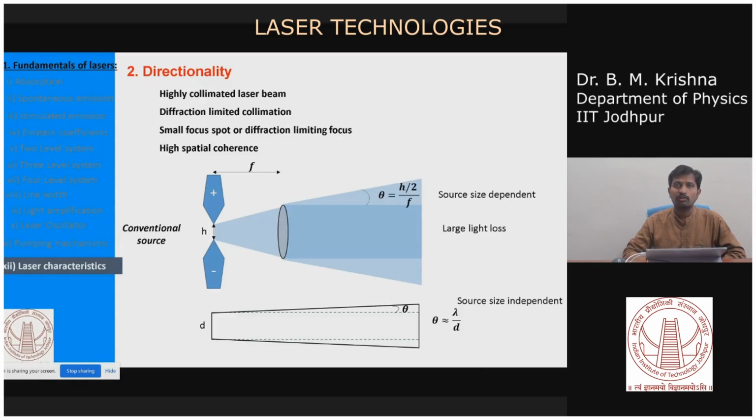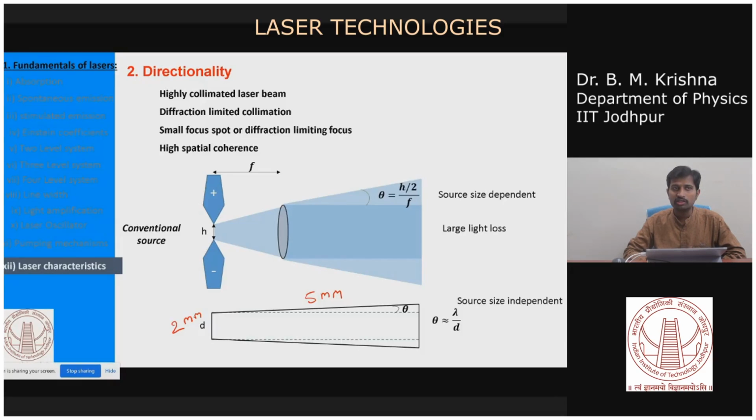For example, I will take a beam size of 2 mm. Using optics, a beam expander, I can make it a 5 mm beam. Even with a 5 mm beam, a very good collimation can be achieved. So the collimation is completely source size independent.